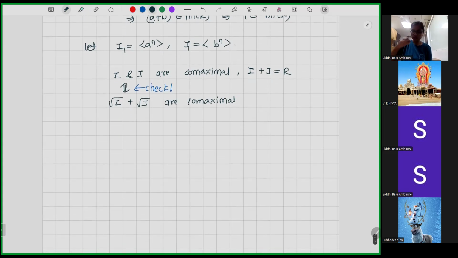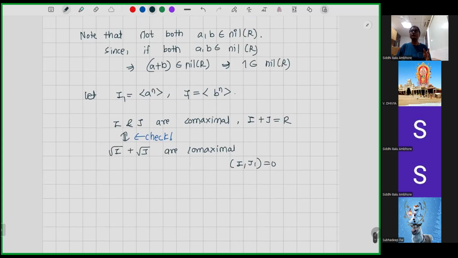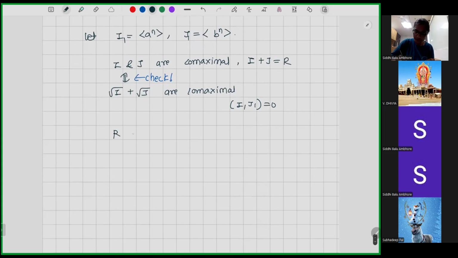So I1 into J1 becomes 0 because they are contained in the nil radical. Then by the Chinese remainder theorem, this will be isomorphic.